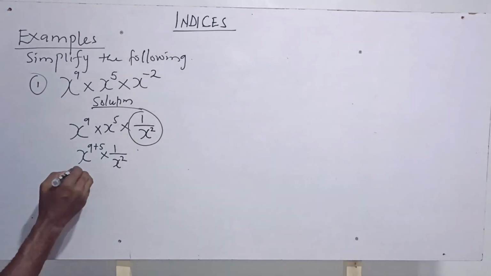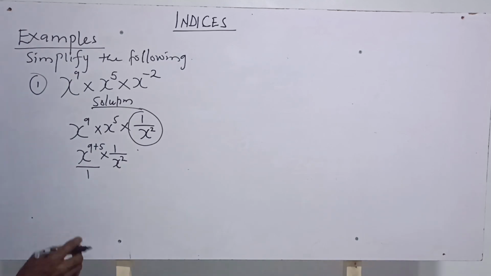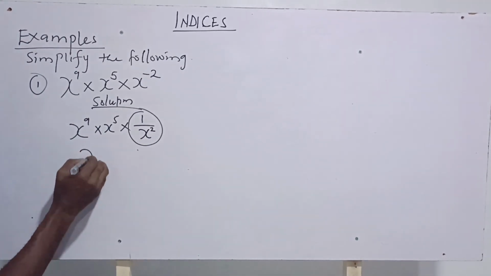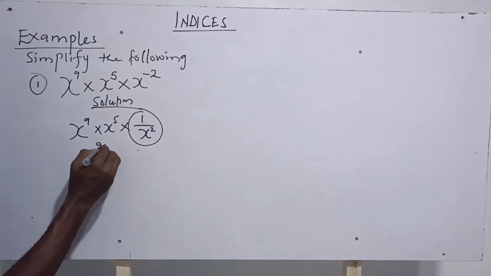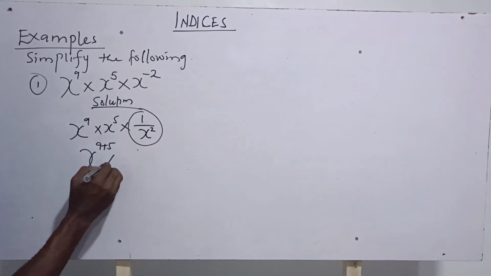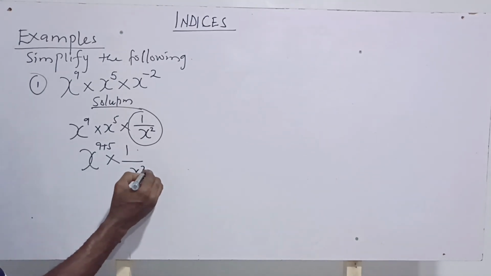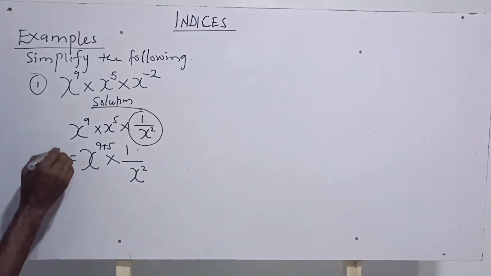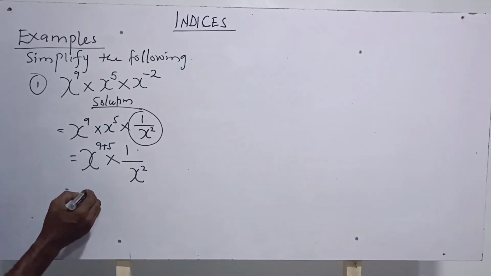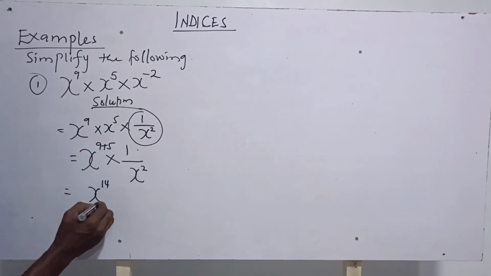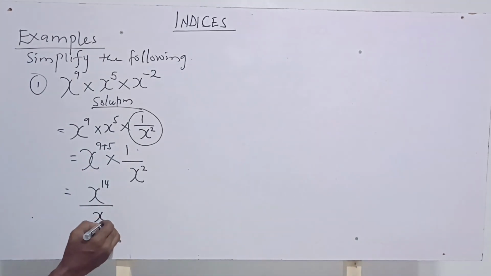Let me write it very well so that we can see. x raised to power 9 plus 5 multiplied by 1 all over x raised to power 2. This equals x raised to power 9 plus 5, which gives us 14, then x times 1 gives us x, all over x raised to power 2.